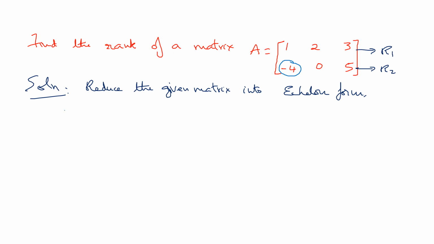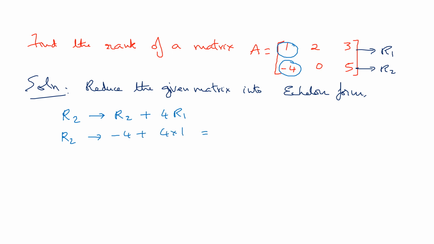Here this R2 has to be written as R2 plus 4 times R1. Now why do you have to write this as 4 times R1? Because this 1, if it is 4, then you see minus 4 plus 4 will give you 0. So how to do that? R2 becomes minus 4 plus 4 into 1.